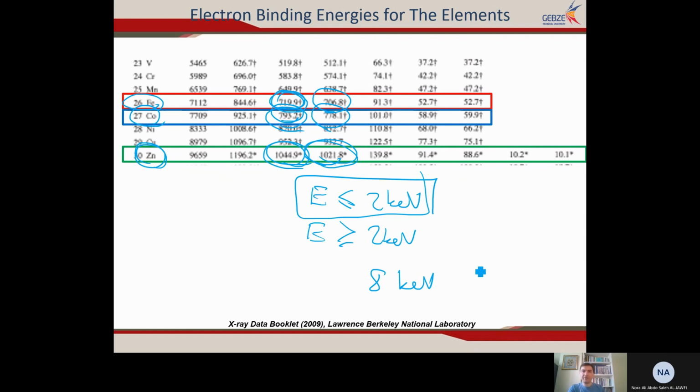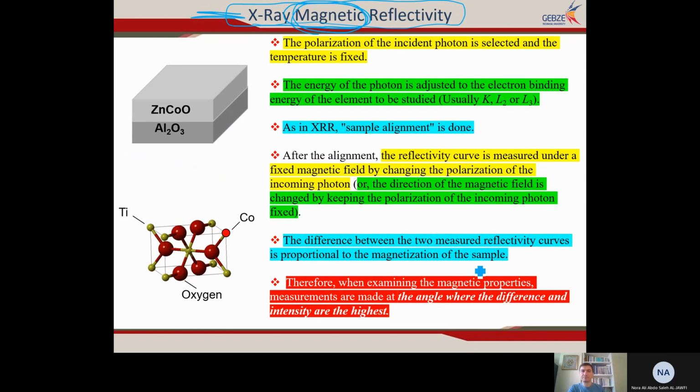First of all, you have to select the polarization of the incident photon. And then you have to choose the temperature. The temperature must be fixed, okay? You have to study at a certain fixed temperature. Temperature should not fluctuate during the measurement.